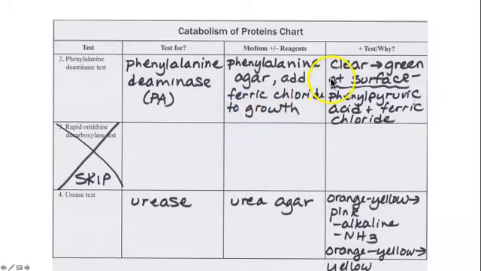For the positive test, it would turn from clear to green, because the phenylpyruvic acid that's produced by the phenylalanine deaminase enzyme is combining with this ferric chloride, and that would turn it green. For the urease test, we use urea agar, and we see a color change from orangish yellow to pink. That's because alkaline products are produced, specifically ammonia. The negative test would be orange-yellow or yellow.